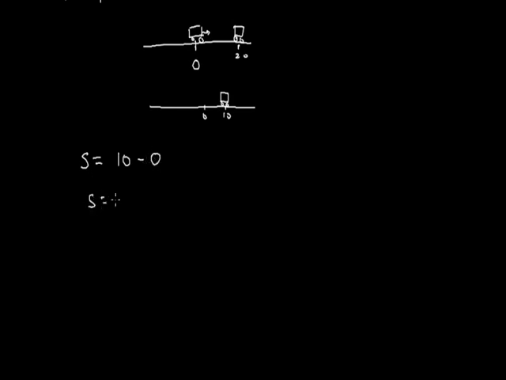So S is equal to 10 meters. Okay friends, now we will talk about different types of motion. First I would like to introduce you to two more quantities that I'll discuss today. One is speed and the other is velocity.